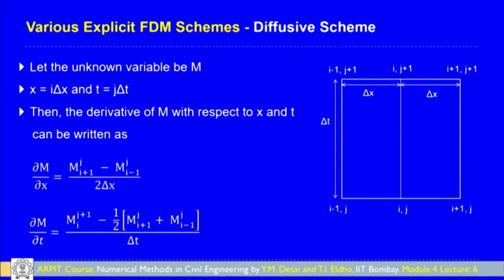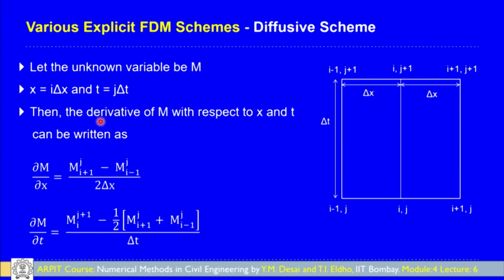Here the first scheme which we would like to discuss is the diffusive scheme. Say, if this is the grid which we are considering, this is the i,j point. This is i plus 1, j and this is i minus 1, j, and this is i, j plus 1, i plus 1, j plus 1, i minus 1, j plus 1. This is delta x and this is delta t, the time step.